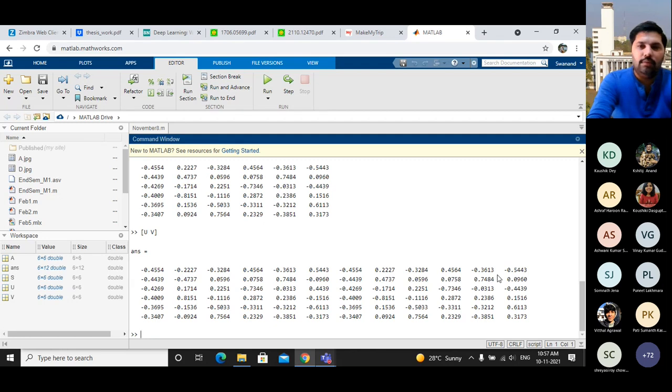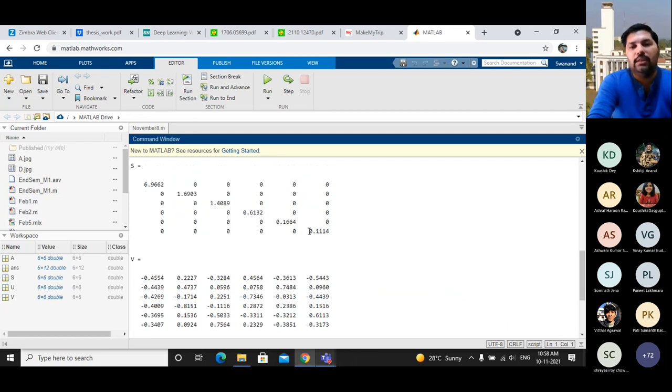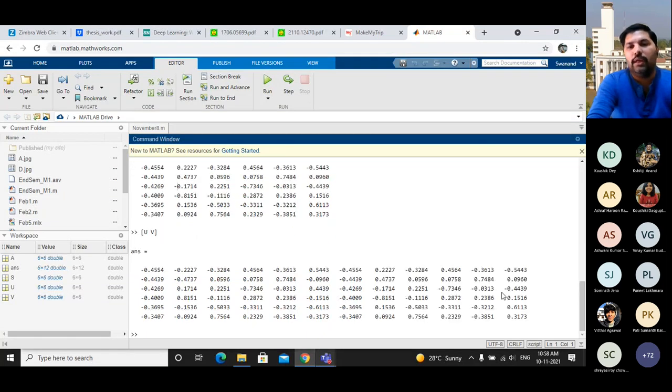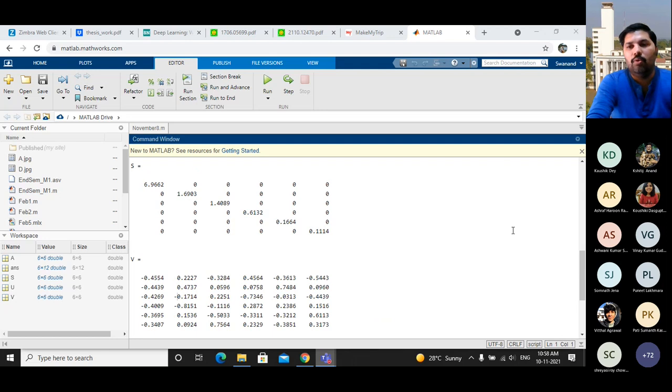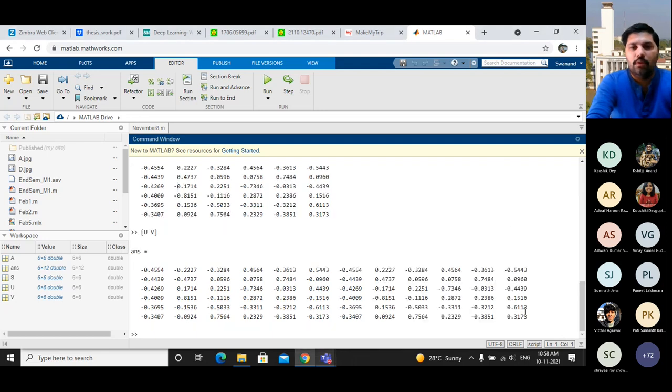Can you see this? The first 6 columns are the U matrix, and the next 6 columns are the V matrix. You can see they are the same, possibly for a sign. The signs may be plus or minus different, but that you can adjust in the singular values, so that's not a problem. Is that okay? U and V are exactly the same matrices, possibly for a sign difference.